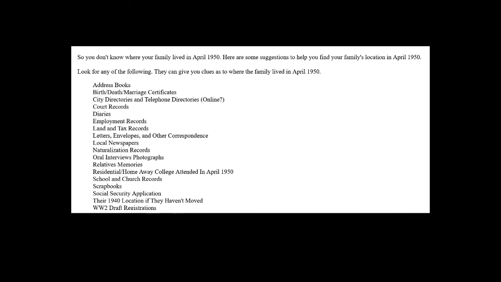Here are some suggestions, and so we give you a bunch of places to look for addresses. In 1950, telephone directories, if you can find them, some of them are online, are a really good source of information, but there's a lot more there for finding addresses.